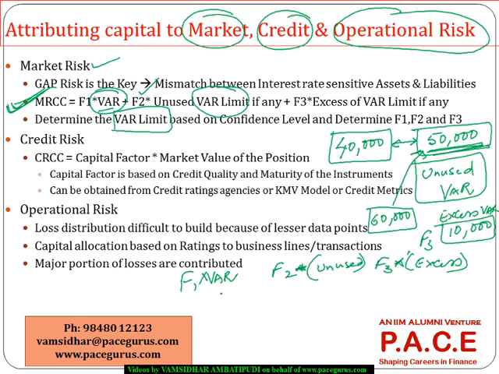F1, F2, F3 can be obtained from the market, or they can be determined internally through usage of various models. But what we are saying is, either this will exist or this will exist, because either the person would have overused or underused the VAR.